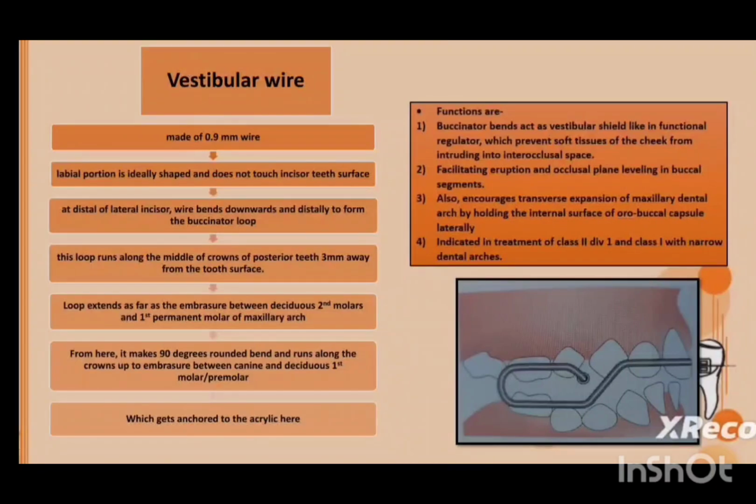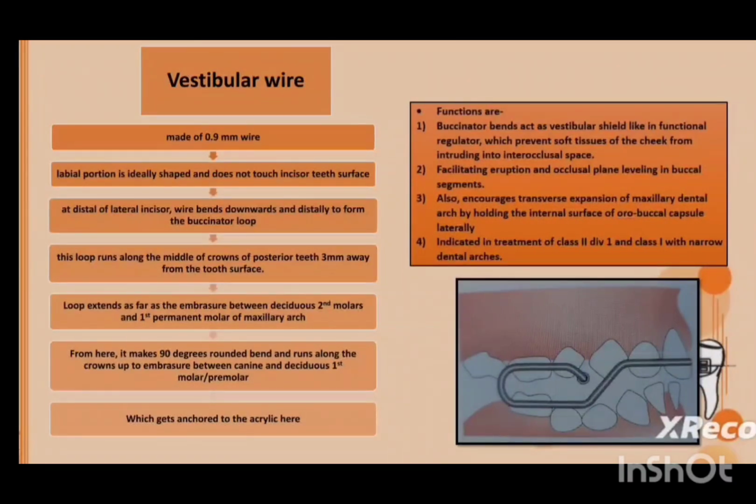This loop runs along the middle of the crowns of the posterior teeth, around 3 millimeters away from the tooth surface. And these loops extend as far as the embrasure between the deciduous second molar and first permanent molar of the maxillary arch. And from there, it takes a 90-degree rounded bend and runs along the crowns to the embrasure between the canine and the first molar or premolar, and here it gets embedded in the acrylic.